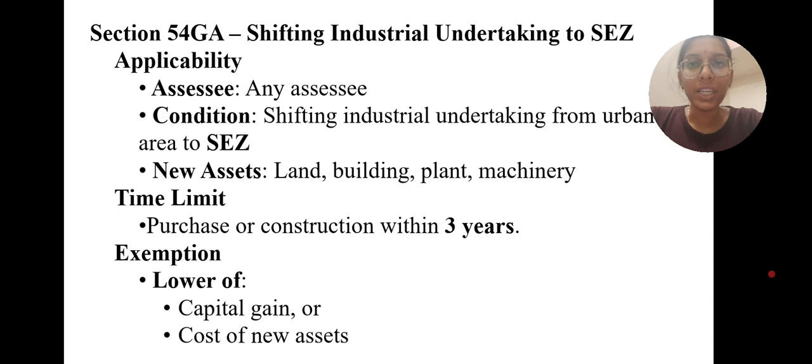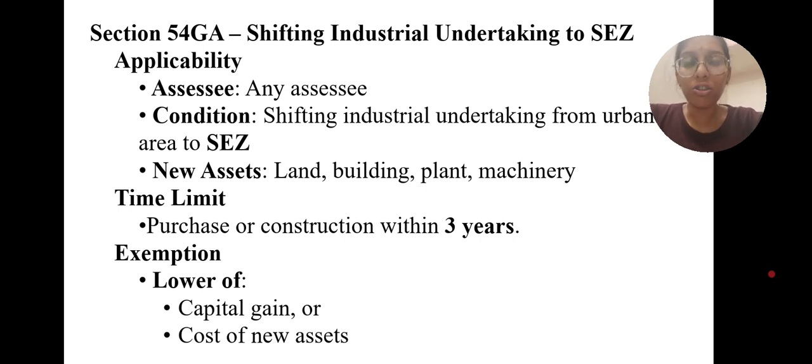Like Kashmir, which always has a threat from the enemy. Whenever you have a business in Kashmir, there is no assurance that you can get 100% of profit from the business at that place. So if your business operates in a special economic zone, you will get some exemption, and that comes under section 54GA.